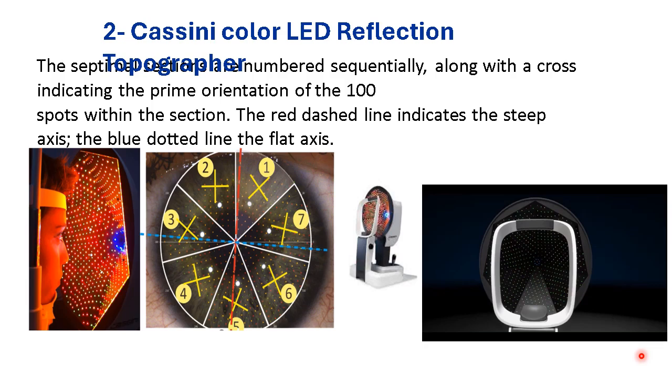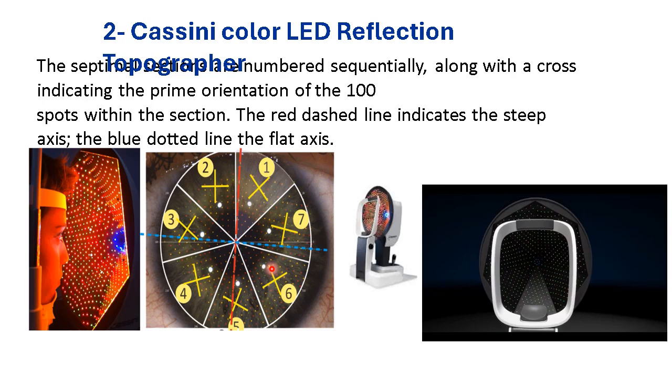And another thing is the presence of these 7 white spots, which is picturing the second Purkinje image. You know, the initial spots are focused on the first Purkinje image, so it reflects the surface of the cornea. However, the other LED spots are for targeting the second Purkinje image, so we will have an idea about the posterior surface of the cornea.